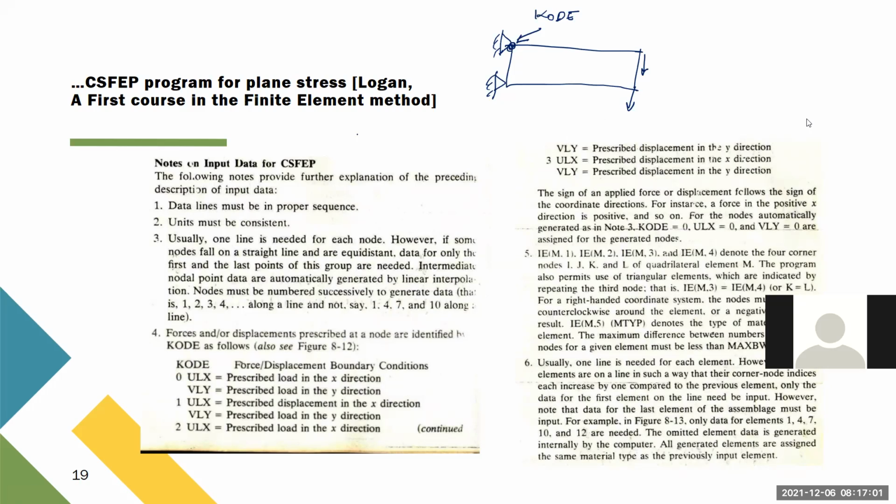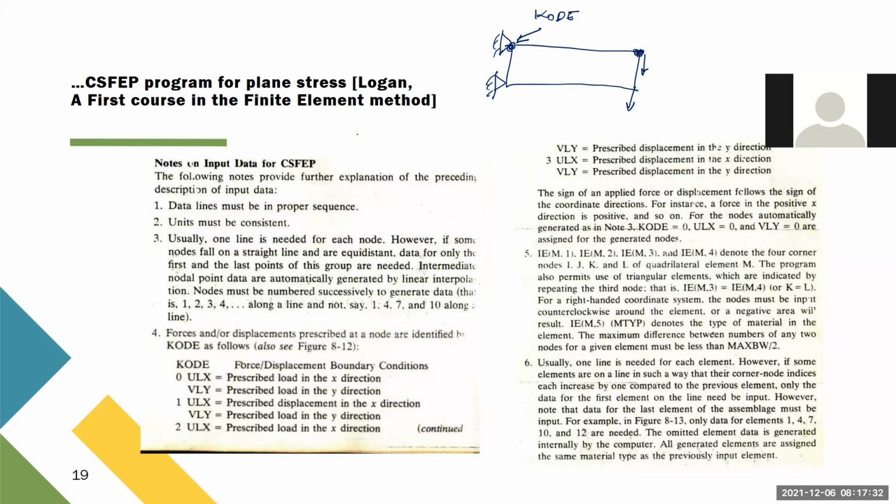What do you know about this joint? No? Okay, let me go to somebody else. Mr. Leon, what do you know about this joint that I'm showing you here? We know the displacement. Exactly. So what would be the code value for this joint? 3. Exactly.